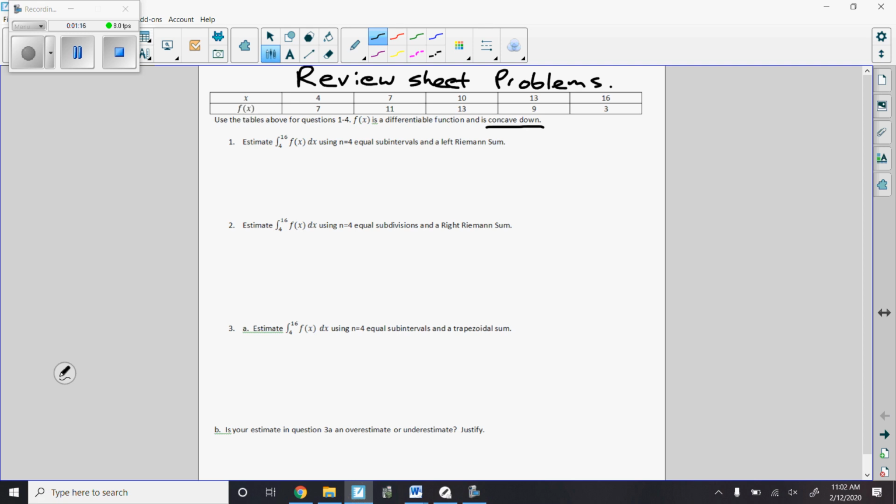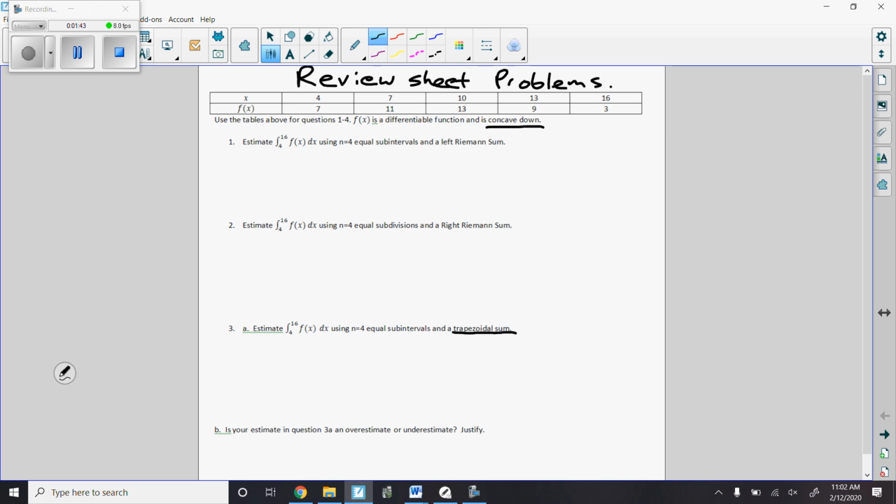So the first thing I'm going to do is answer 3a. It says estimate the integral from 4 to 16 of f of x dx using n equals 4 equal subintervals and a trapezoidal sum. So again, we want to underline that trapezoidal sum. That's the sum that we're going to do. Notice in questions 1 and 2, I didn't ask you if those estimates were over or under estimates, because the function isn't increasing or decreasing.